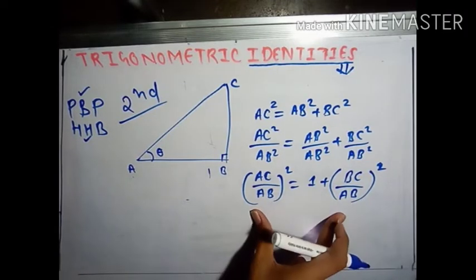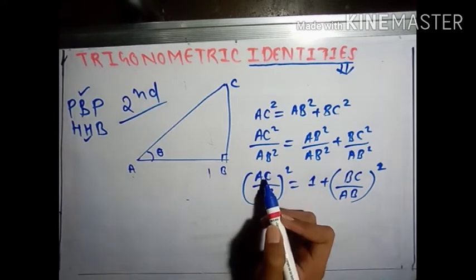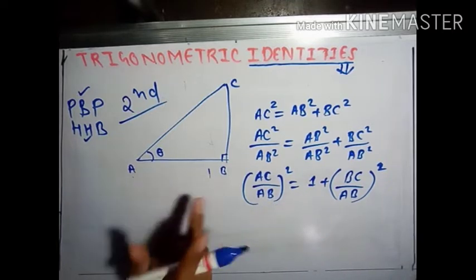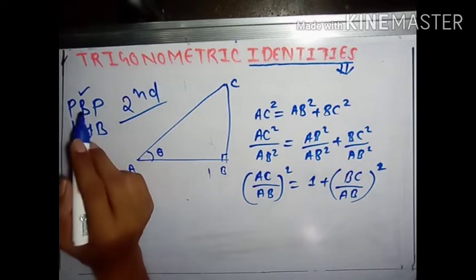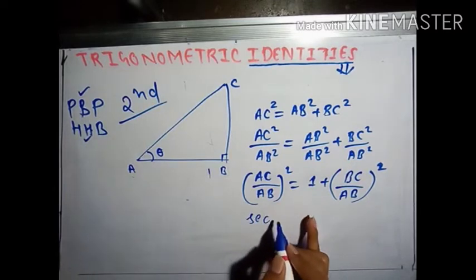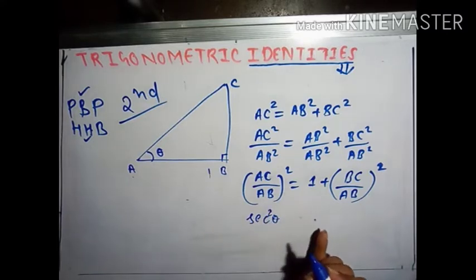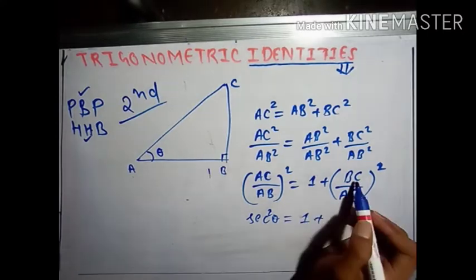Now let's convert this ratio into trigonometric ratios. So how to do it? You know about it. AC is the hypotenuse and AB is the base. So hypotenuse upon base. This is what? Very good. Sec theta. And square is there. So sec square theta is equal to 1 plus.